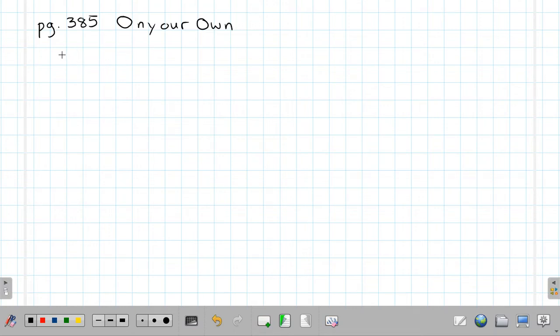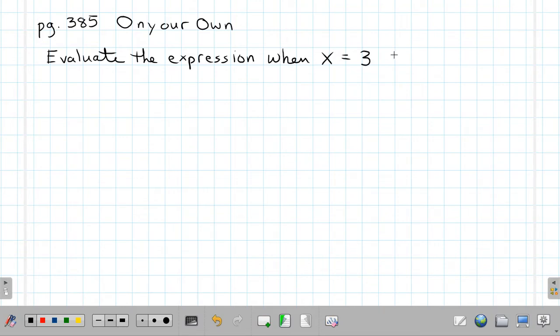And the instructions on these say evaluate the expression when x is equal to 3 and y is equal to 5. Okay. So in this case, let's go ahead and look at the one that's labeled number 3 there.